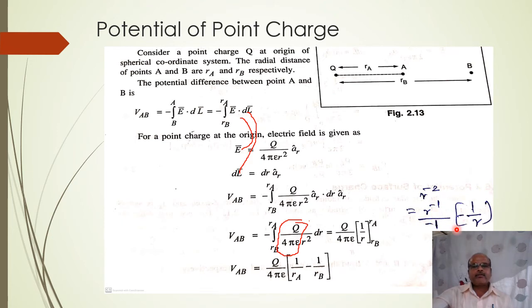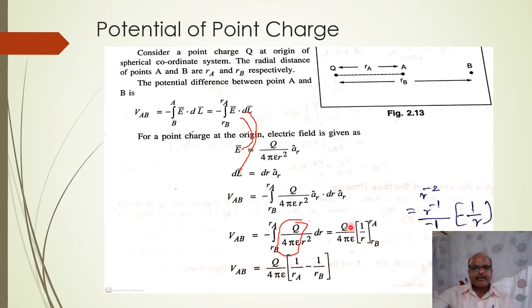So we can rewrite this, taking this r raised to minus 1 in the denominator, then we will get 1 by r. So the integral of this is minus of 1 by r. Put that value here, the integral becomes minus of 1 by r.